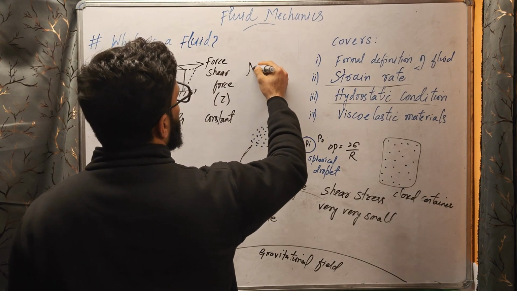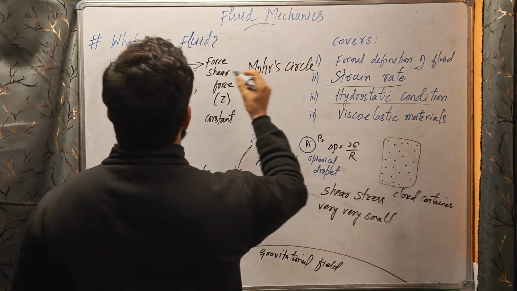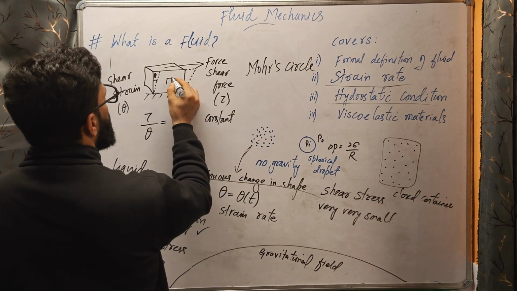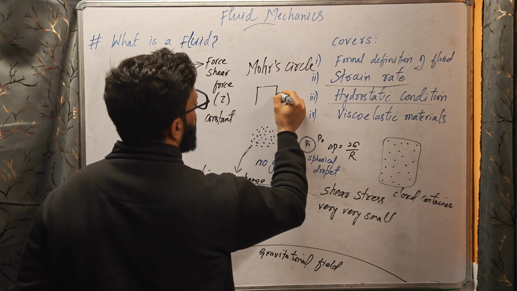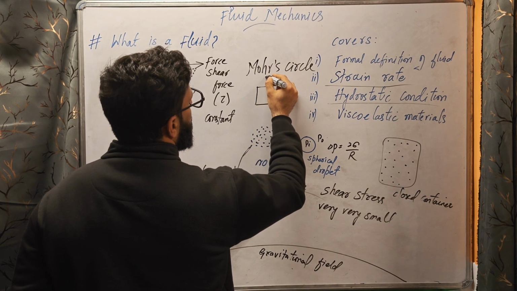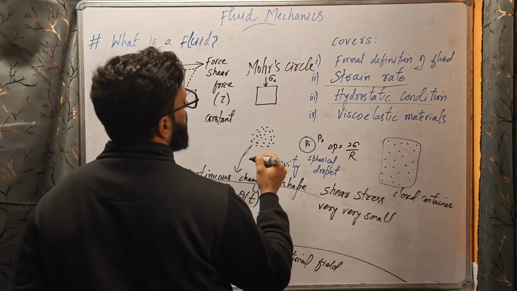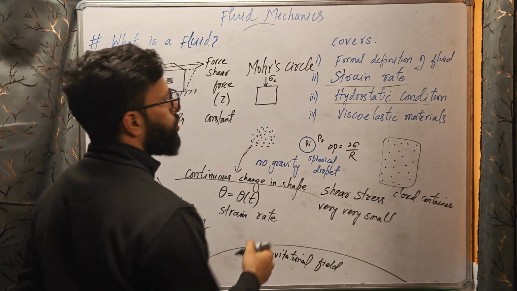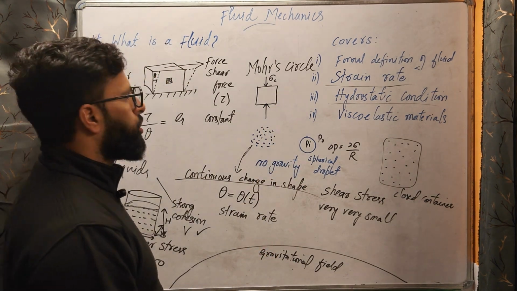Now if we talk about Mohr's circle, we know in case of solids, if we take a small element here and there is this compressive stress, if there is compressive stress on this top face, there is compressive stress on this bottom face, there is no shear stress on top and bottom.